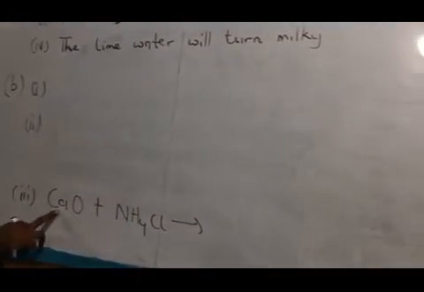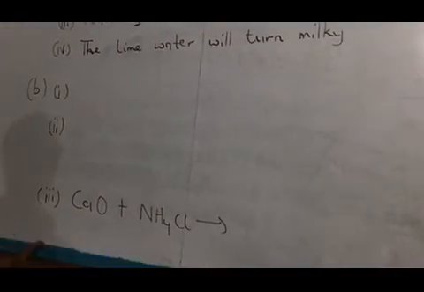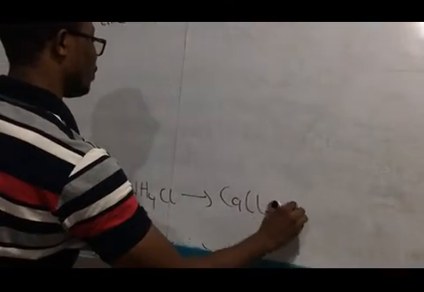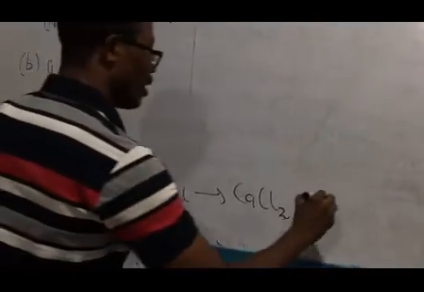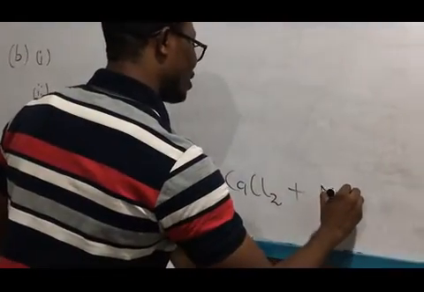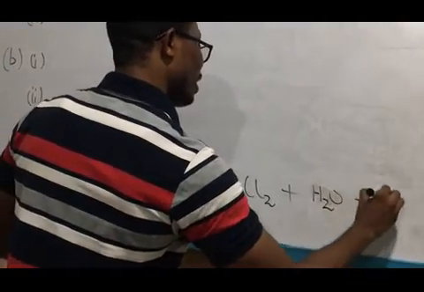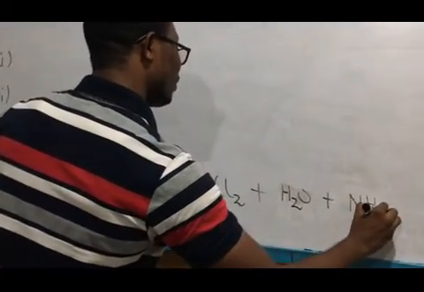The calcium combines with the chlorine, and you have calcium chloride. The ammonium combines with the oxygen, and you form ammonia gas and then water. You have water and then NH3.